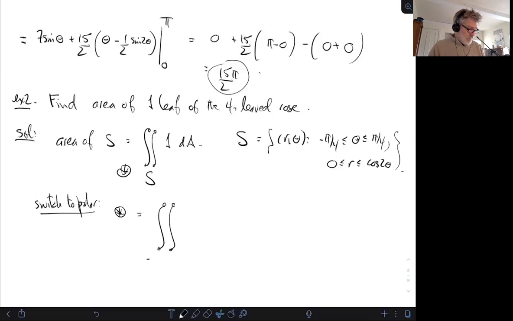It'll be the integral from minus pi over 4 to pi over 4, 0 to cos 2 theta, and now you replace every x and y by r cos theta and r sine theta.